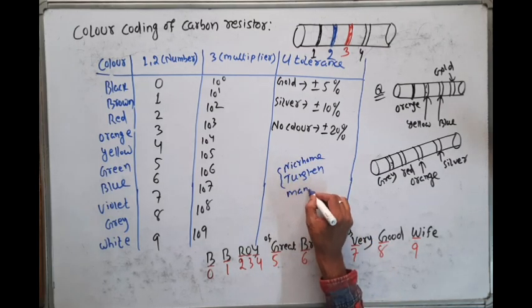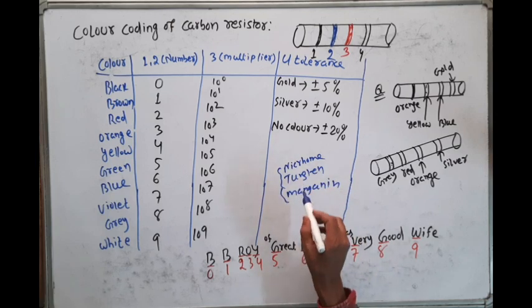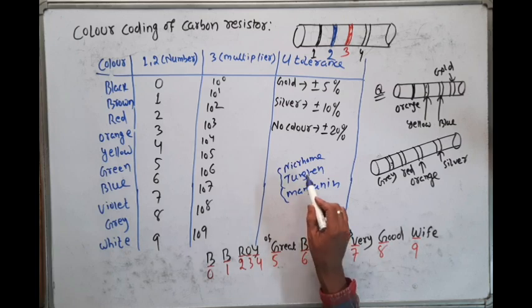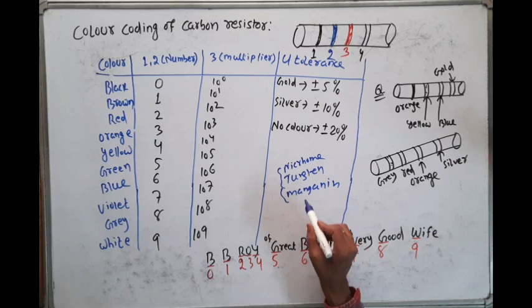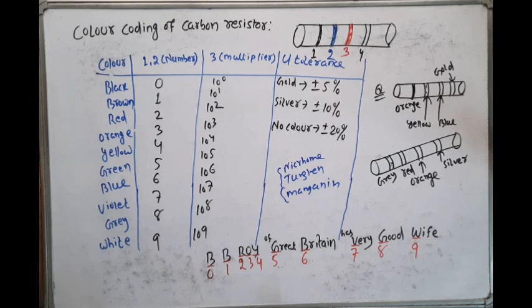So what is the advantage of this? Here resistance does not depend upon temperature. Almost resistance remains constant. But there is some limitation, because suppose we need resistance values in terms of mega ohm, kilo ohm, like that.